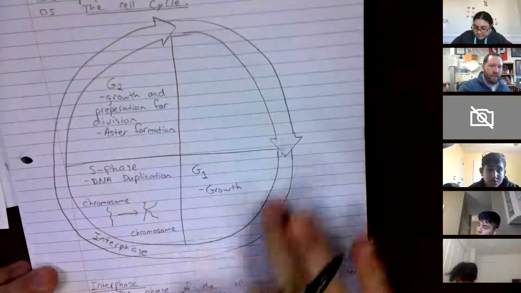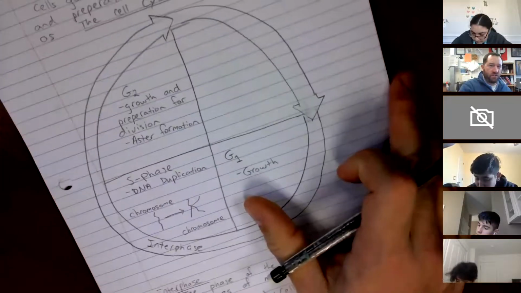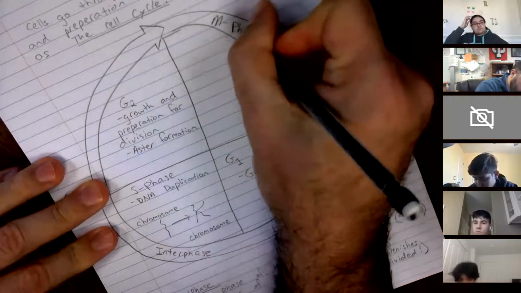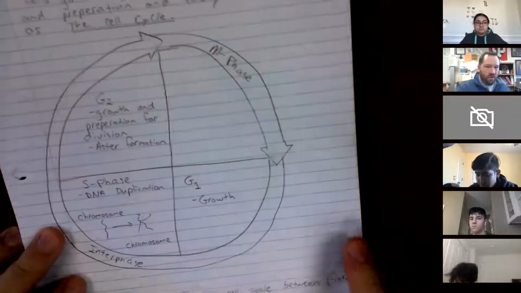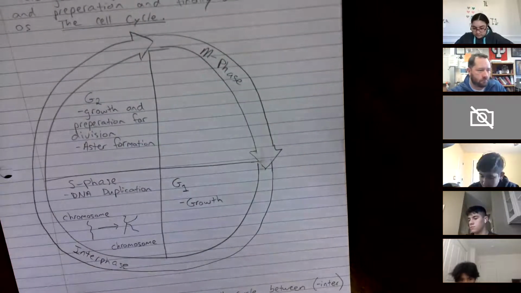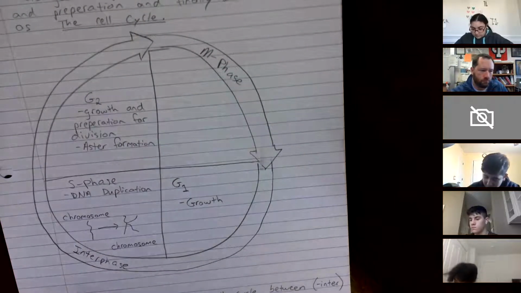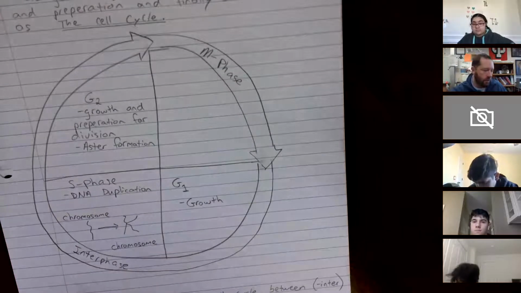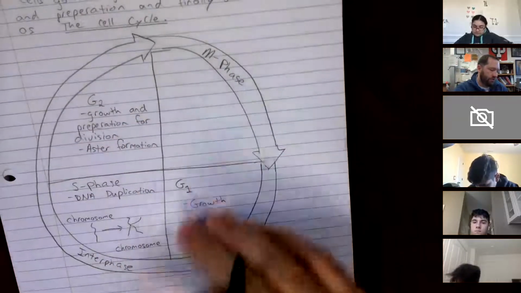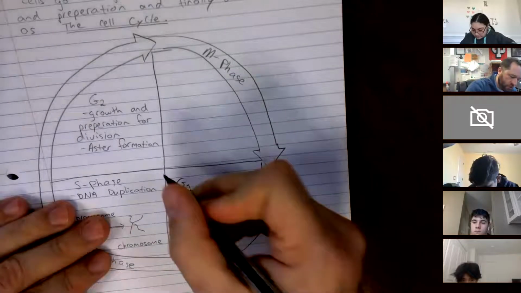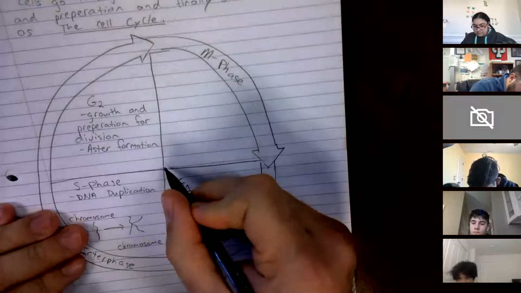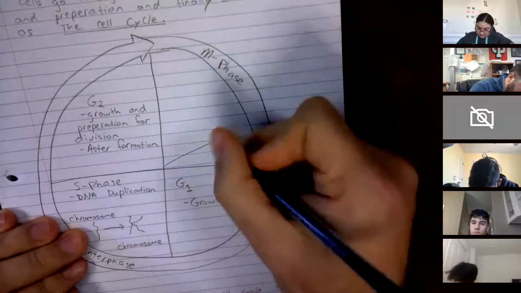So I've got this second part of the cell cycle, and this second part is called M phase. M phase is made up of two parts itself, so I'm going to divide this area into two.